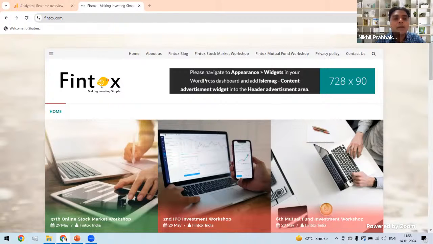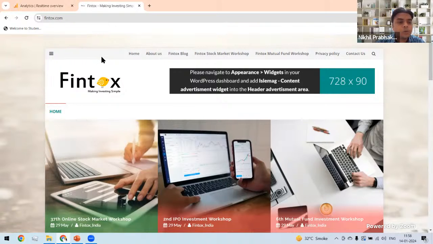We don't need to learn programming, but as a marketing analytics person, whenever you create a website, it has two parts of the code, the head part and the body part. Just like human beings have a head and a body, websites also have a head and a body part.